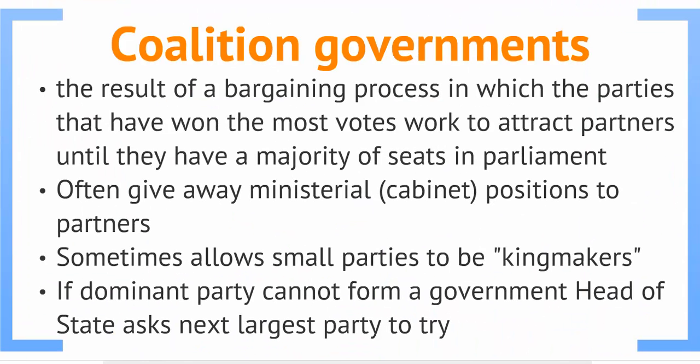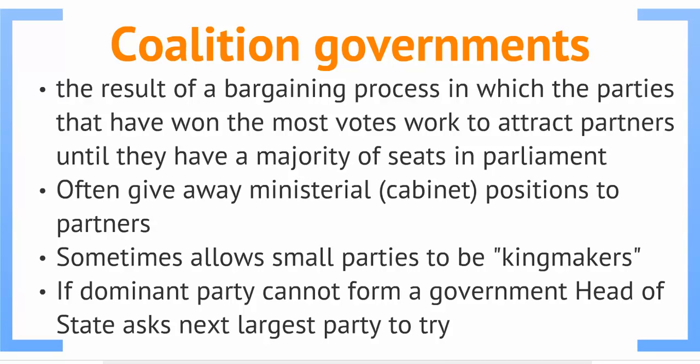Forming a coalition can be pretty tricky business. It is generally the result of an intricate bargaining process in which the dominant party and potential coalition partners hammer out the sorts of policies that they would have and divvy out the key ministerial positions of power. Though the dominant party almost always gets the prime minister's position, other very important positions such as the minister or secretary of state can often go to coalition partners.